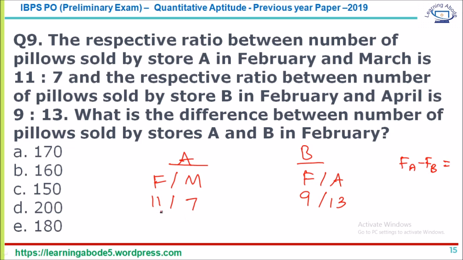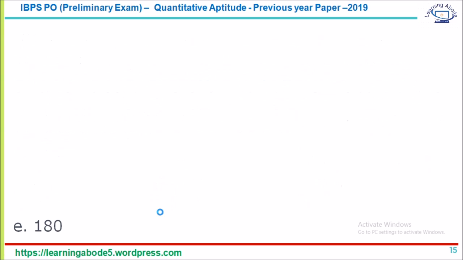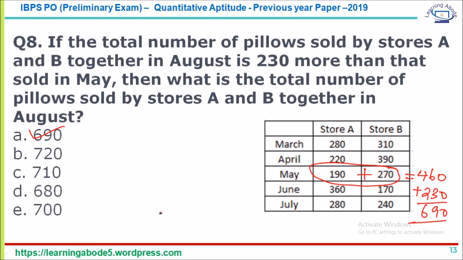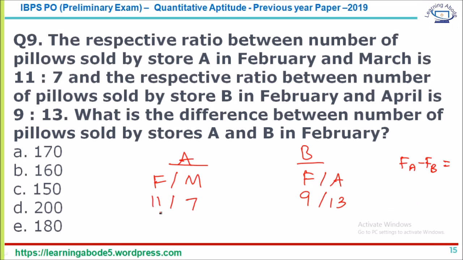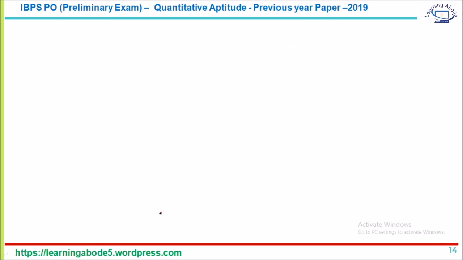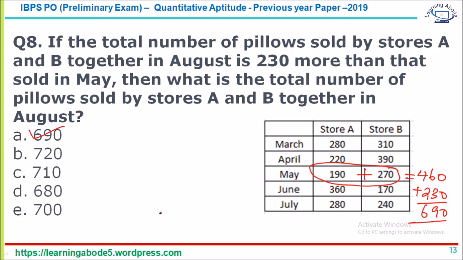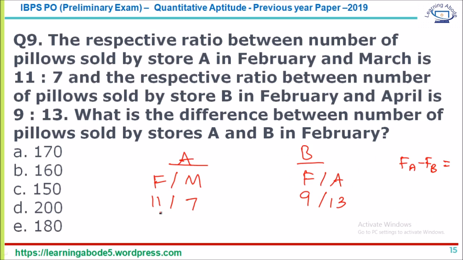Okay, now let me go back here to the table. I want March of A and April B. March A is 280, April B is 390. So 280 and here it is 390.